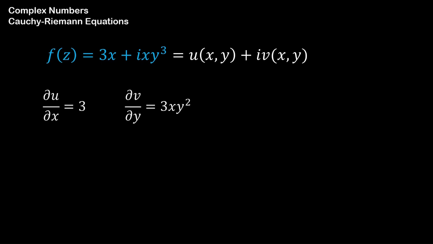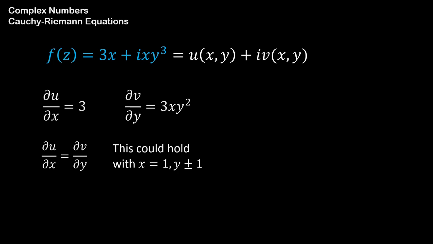The partial derivative of v with respect to y is equal to 3xy squared. So in this case, the first equality of the Cauchy-Riemann equations can still hold with a value of x equal to 1 and y equal to plus or minus 1.